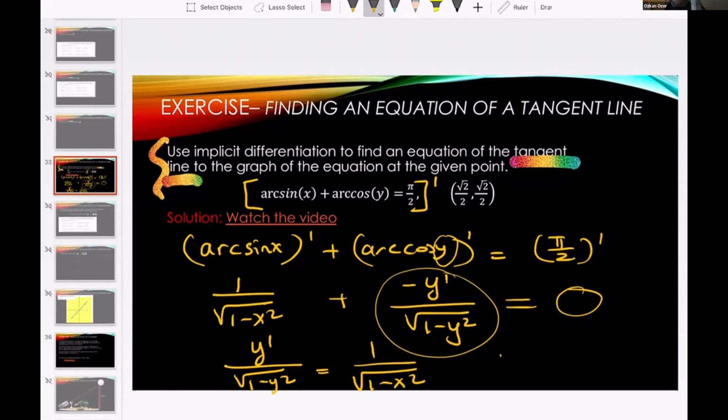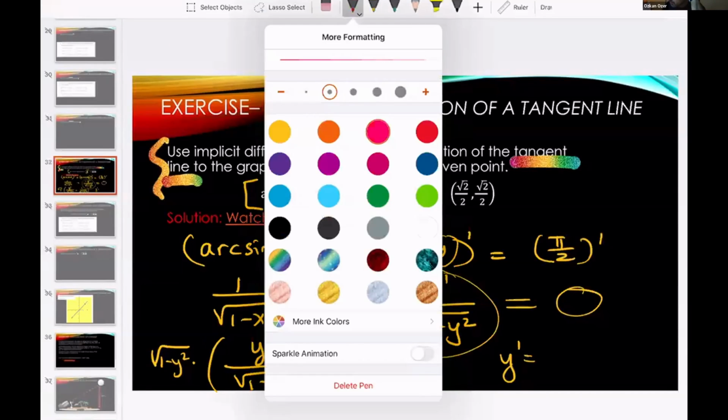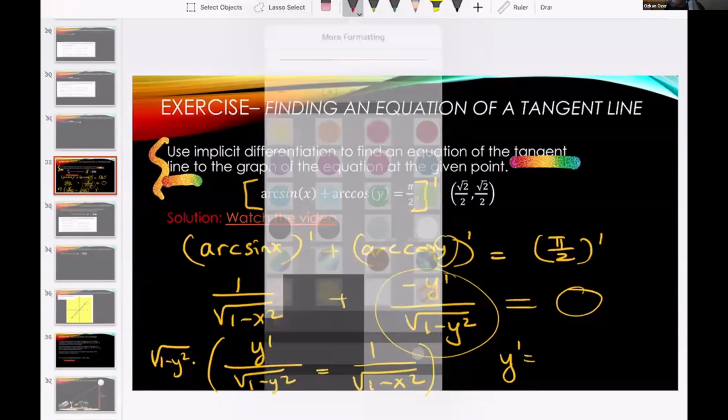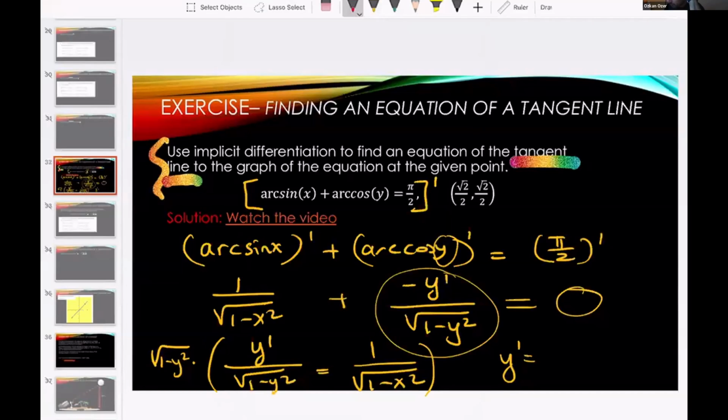And solving for y prime means multiplying both sides by radical 1 minus y squared to get radical 1 minus y squared over radical 1 minus x squared. So this is, in fact, the explicit description of y prime.